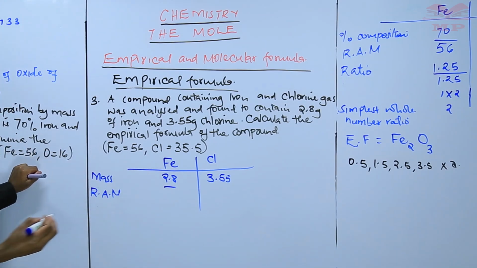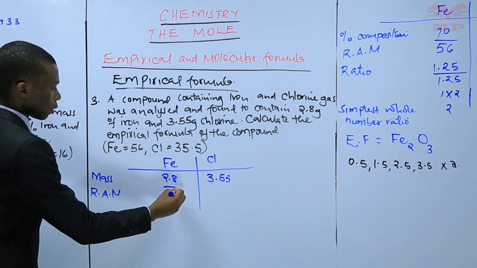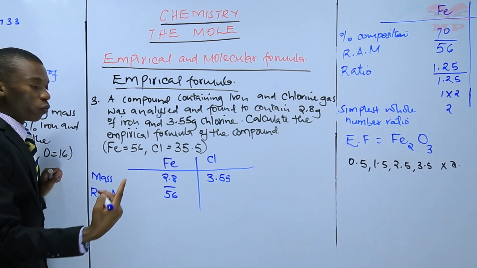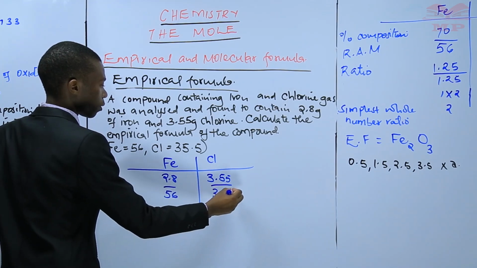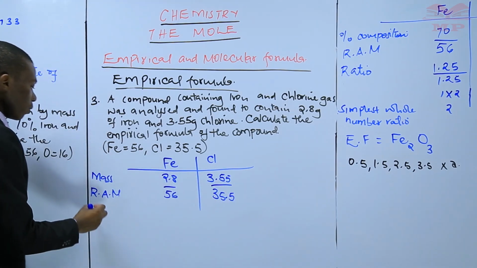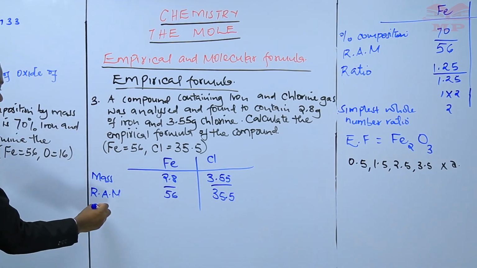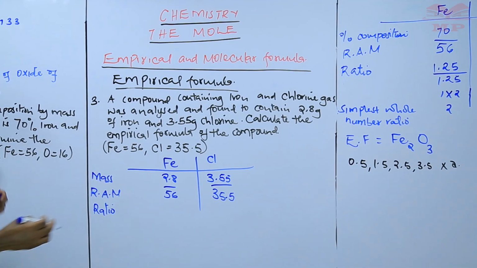The relative atomic mass of iron is 56. The relative atomic mass of chlorine is 35.5. Therefore, when you divide, you'll get the ratio in which they are combining.